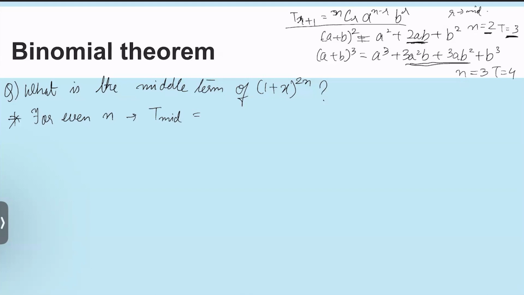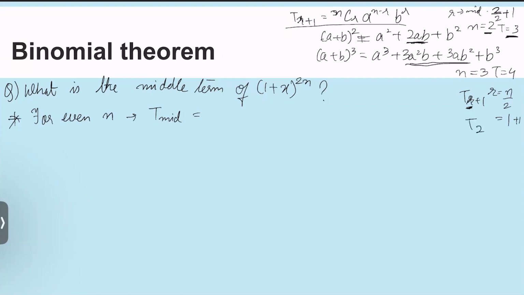So suppose you have 2 by 2 plus 1. Why plus 1? Because we always take R plus 1, right? So we want to find which R is going to give you the middle term. So R for the middle term would be n by 2. Okay, so that is 1. And it will be 1 plus 1.